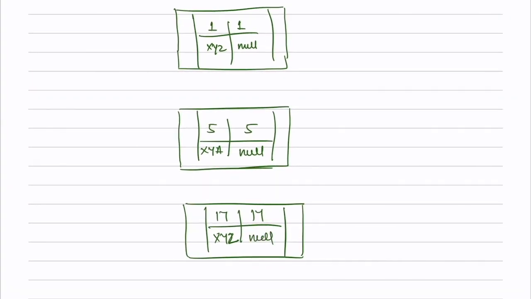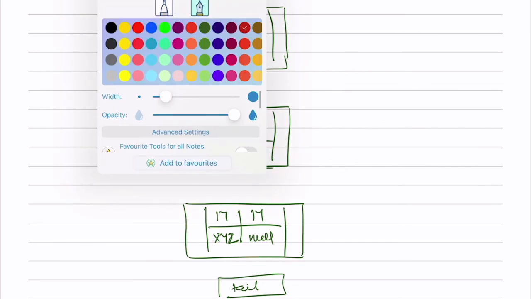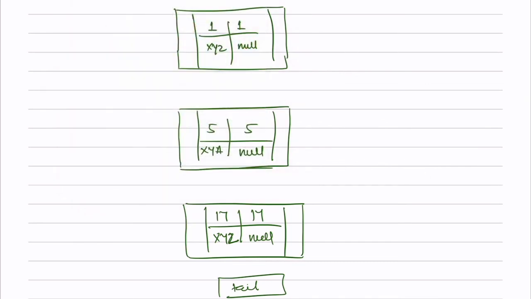How will it look now? Here let's put head, okay, and here let's put tail. So this will look something like that. First let's put a reference of this null here. So this will be going down and this will point to this next pointer. I hope you are clearly able to see this.